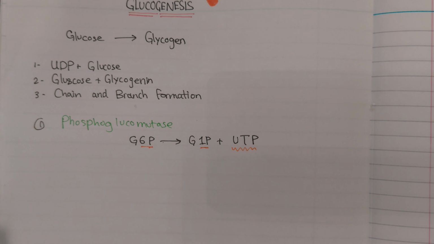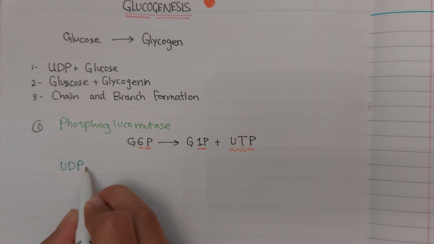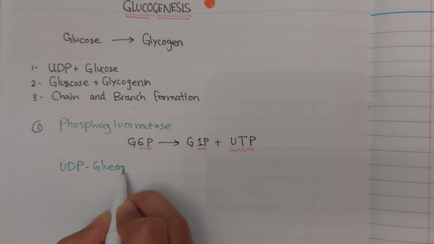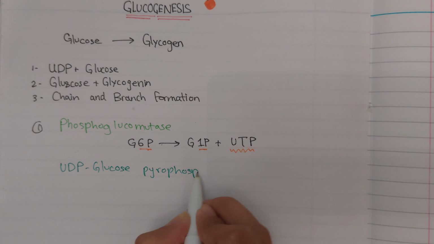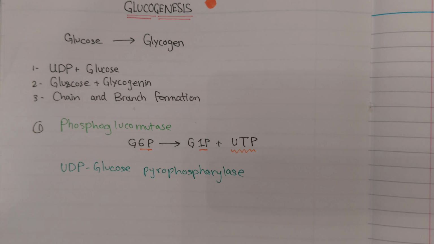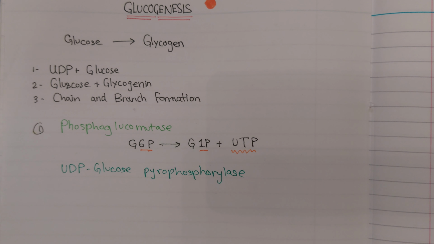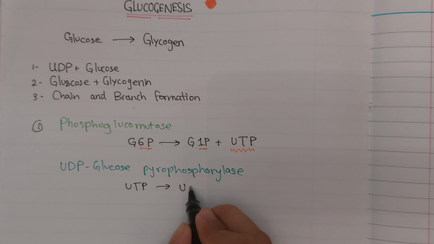And then with the help of the enzyme UDP glucose pyrophosphorylase, that UTP is converted into UMP.